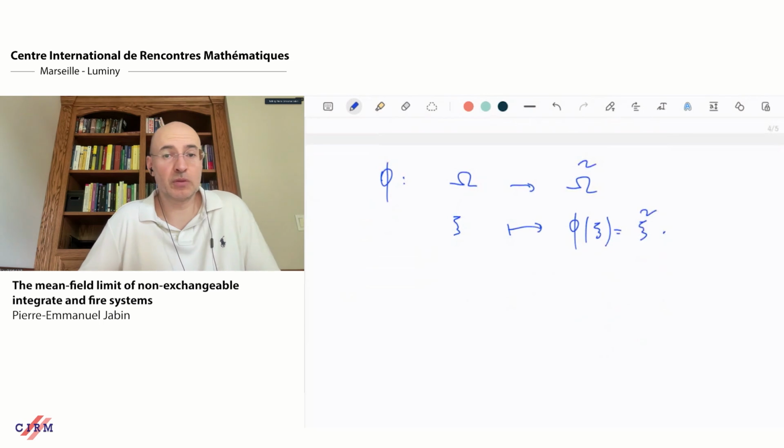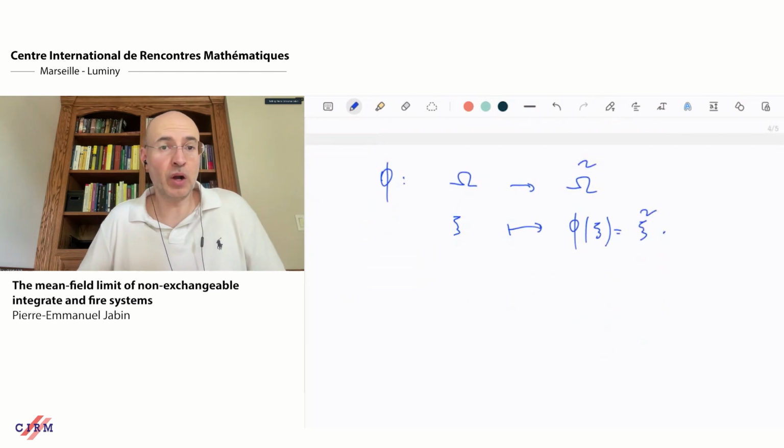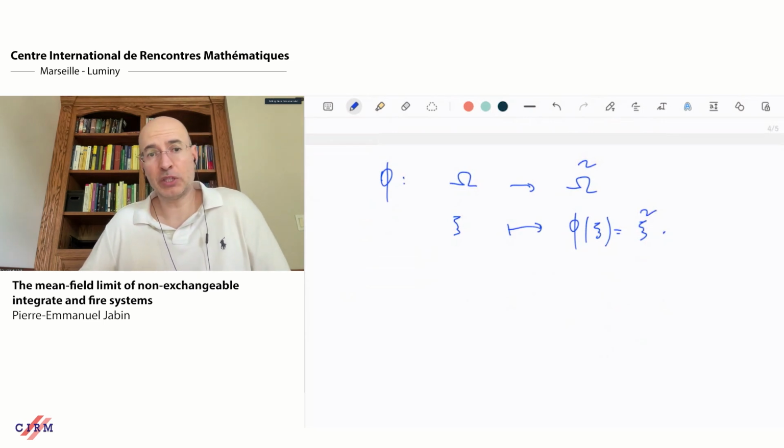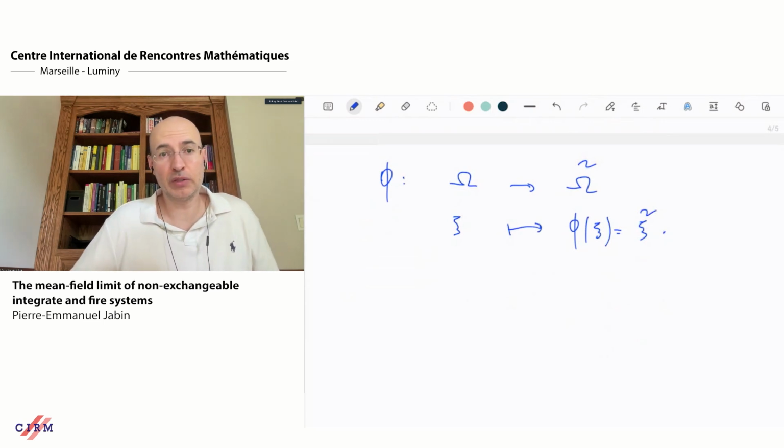And I can assume that phi is one to one and is measure preserving. So whatever measure you have on omega, which might not be the Lebesgue measure, and whatever measure you have on omega tilde, which might not be the Lebesgue measure, then the push forward of one by phi is the other.